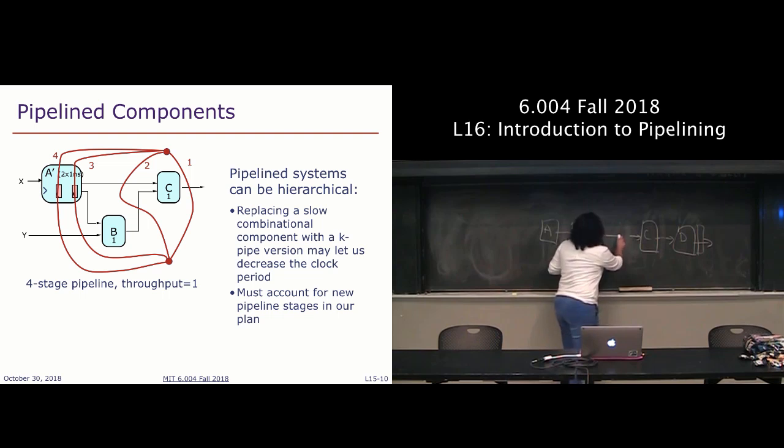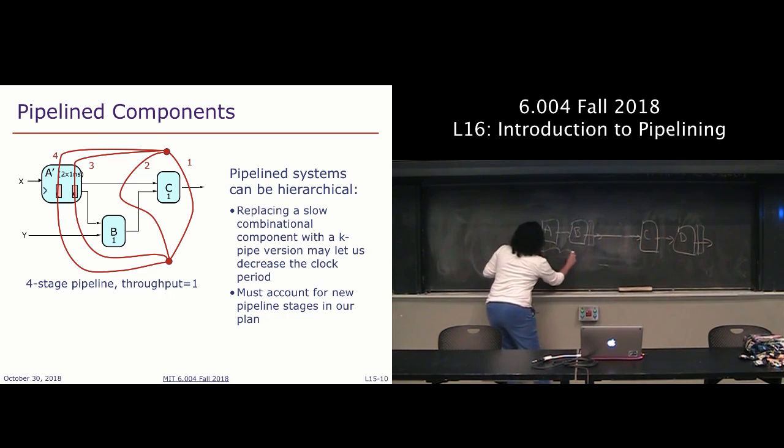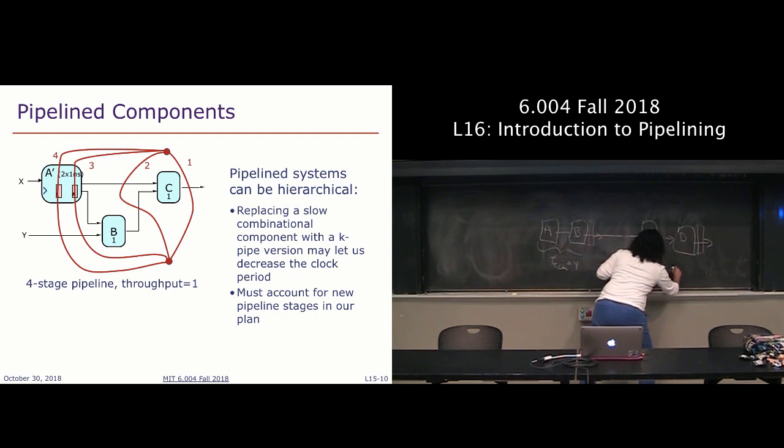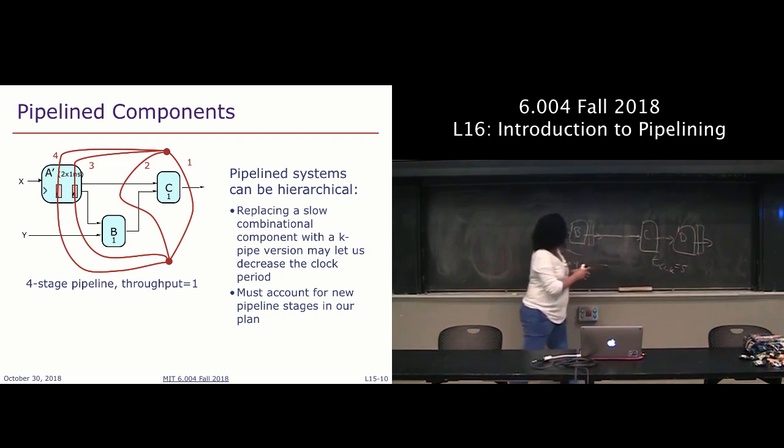And so if I put these together, let's say that the T clock of this was 4, and let's say the T clock of this was 5, I'm able to, because this register is here, compose these and now have a larger circuit whose T clock is 5. Okay, but they don't add up because of this register right here.